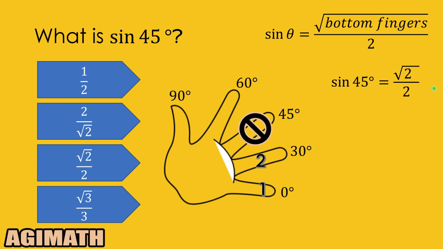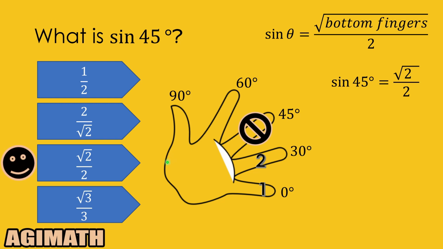If not, then that is the answer. Square root of 2 over 2 cannot be simplified further, meaning sine 45 is equal to square root of 2 over 2. Okay, that's an example of how we're going to use fingers.